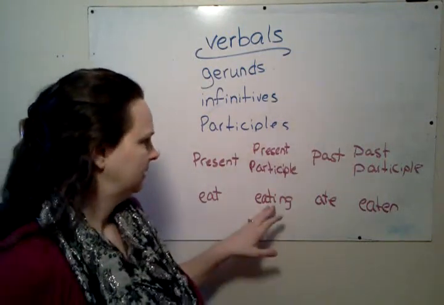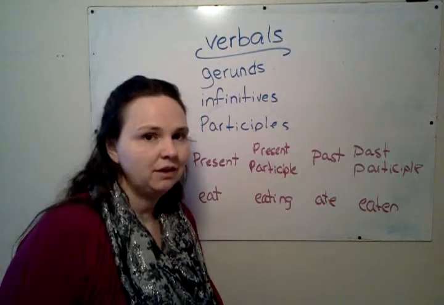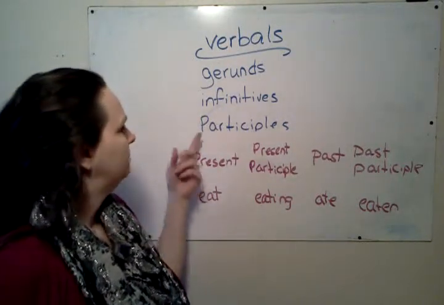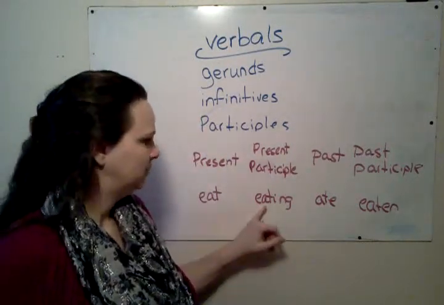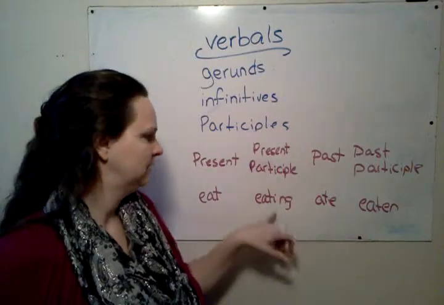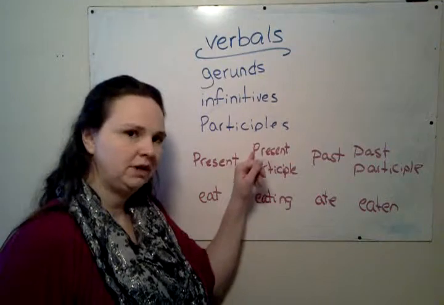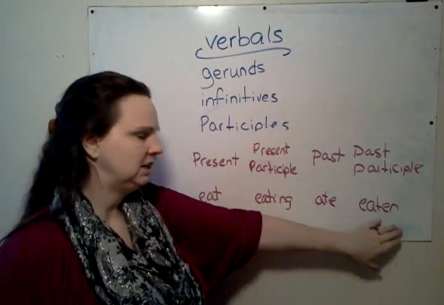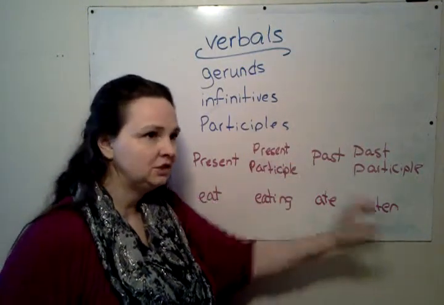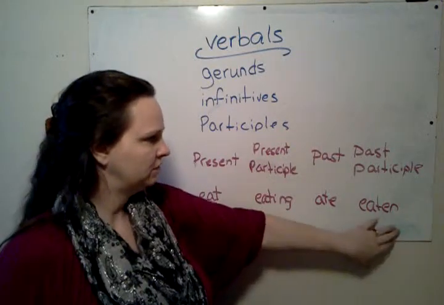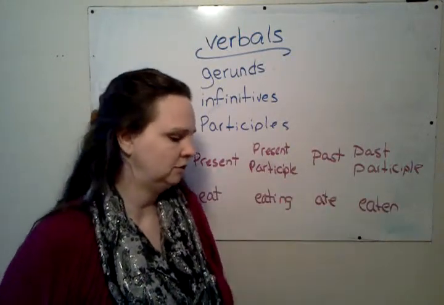But these are the participle forms of the verb. So participles are simply that, the participle forms of verbs. They always end in either the ing form, if they're present, or they end in en, ed, d, or t, which are the past participle form endings.